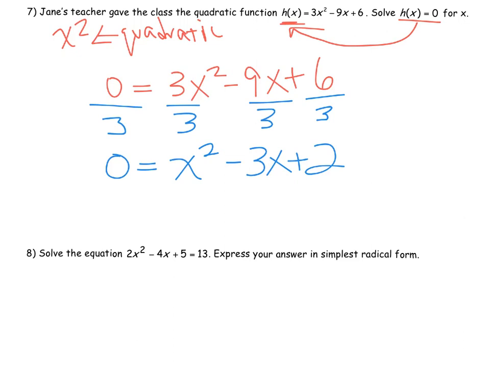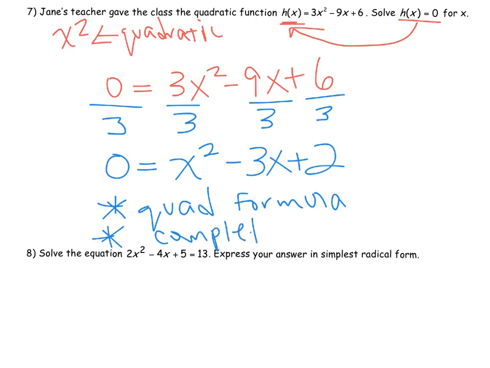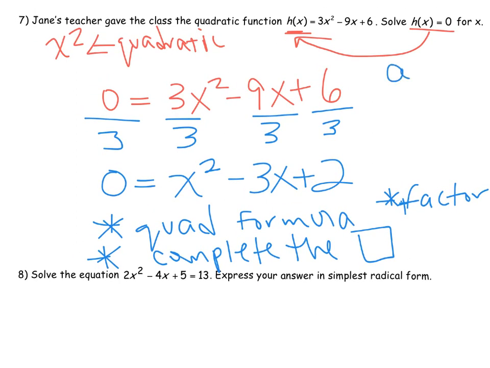Okay, now we have options here, guys. We've talked about this. You could either use quadratic formula, we could complete the square, or we can factor. It's all up to you, whatever you decide. If you decide to use quadratic formula, we have a equals 1, b equals negative 3, and c equals 2.